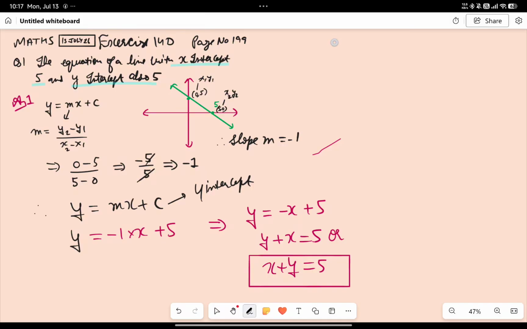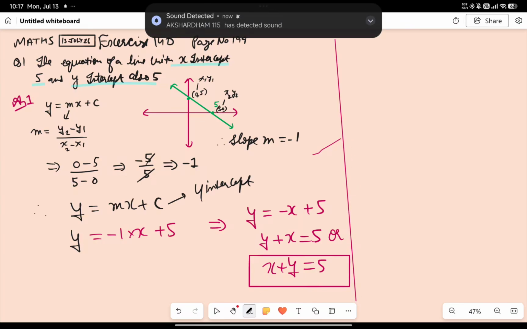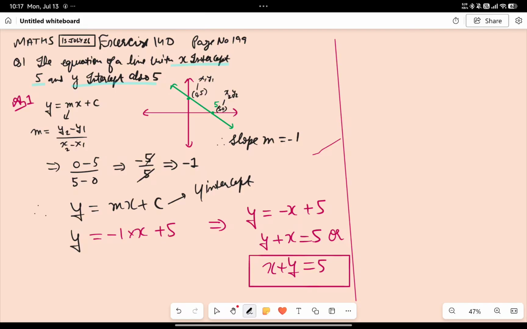Now there is also an alternative method which can save your time. The intercept form is x upon a plus y upon b equal to 1.